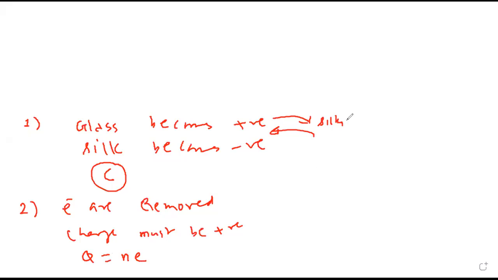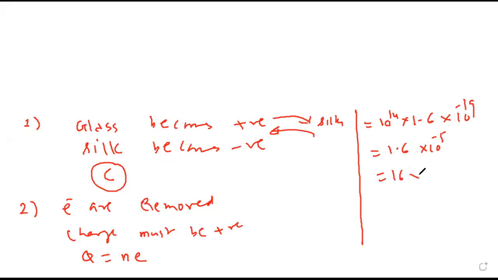Q equals plus Ne. Q means charge, N is number of electrons lost, e is the charge of electron. N is 10 raised to 14, charge is 1.6 into 10 raised to minus 19. So it is 1.6 into 10 raised to minus 5, that is 16 into 10 raised to minus 6 coulomb. So 16 microcoulomb, option A. Solve the two.